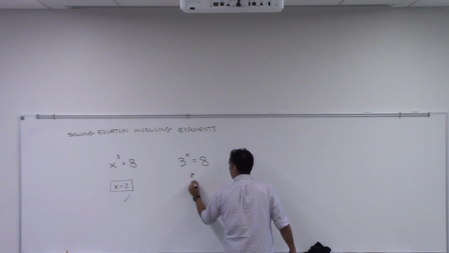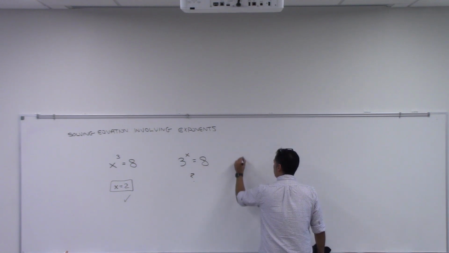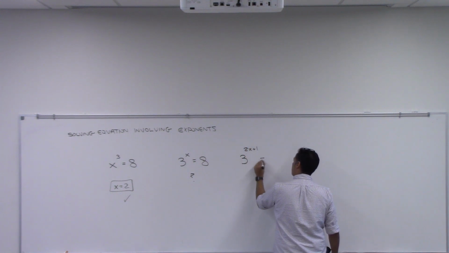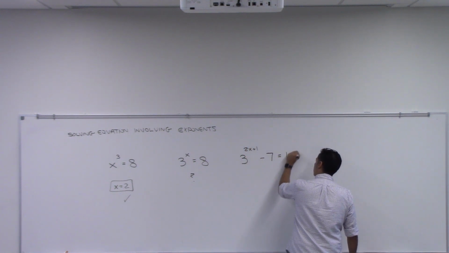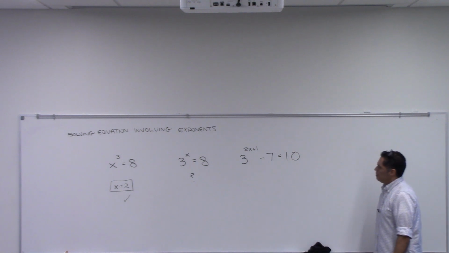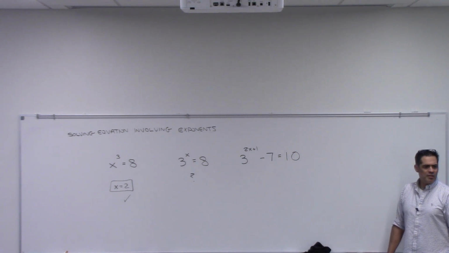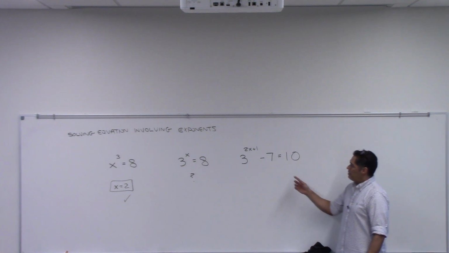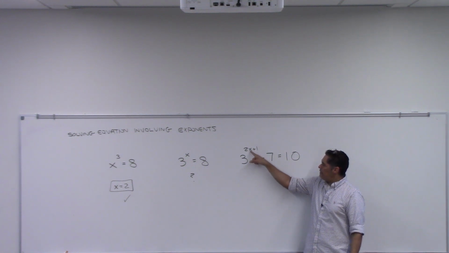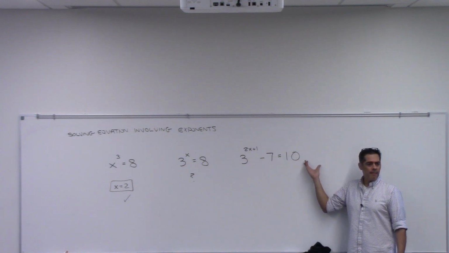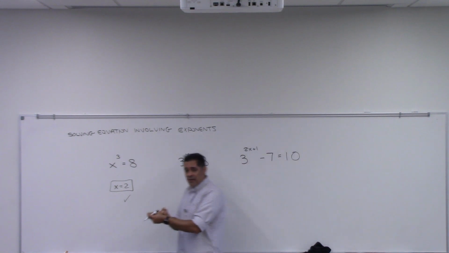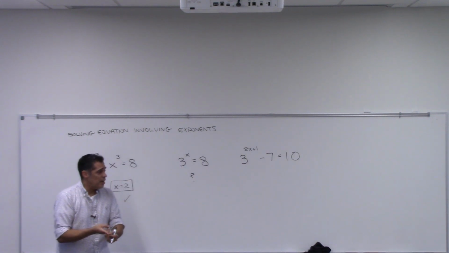Let me give you another one. So right now, this is a question mark. We don't know. How about this one? How about that? That's not an equation that you've seen before, right? Or maybe you have, but not in this class. I'm asking you what value of x you plug into this to make this whole thing true. See, it's not a linear equation. It's not a quadratic equation. It's not a rational equation.